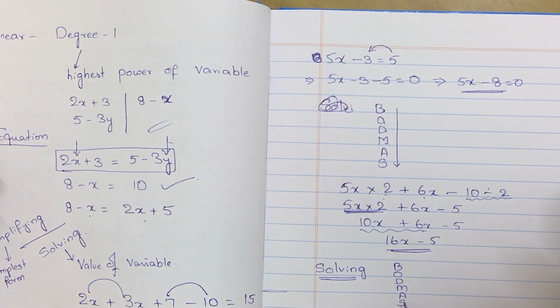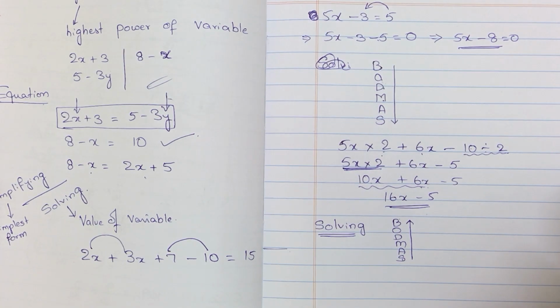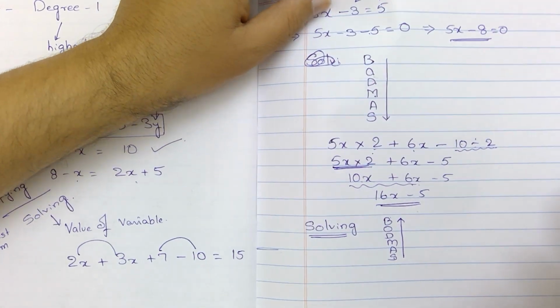The inverse order of BODMAS is you have to start from subtraction, addition, multiplication, division, and then you have to go for the final brackets in order to solve. How to solve this? I'll explain you. So please listen carefully. Okay.